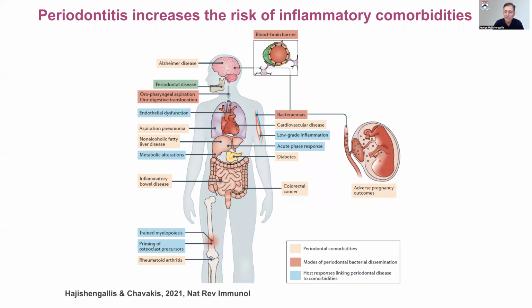This is the reason why periodontal disease is associated with increased risk of certain systemic comorbidities, for example, cardiovascular disease, arthritis, Alzheimer's disease, and others.